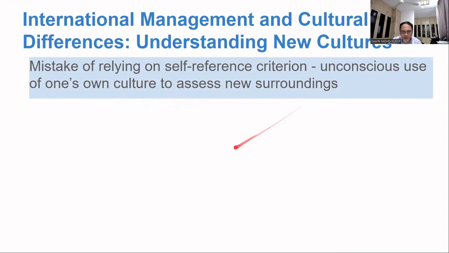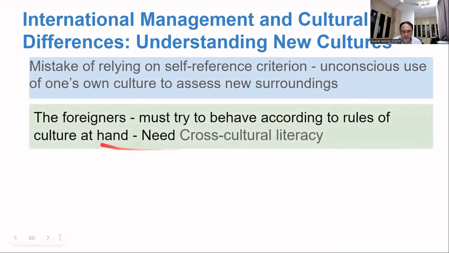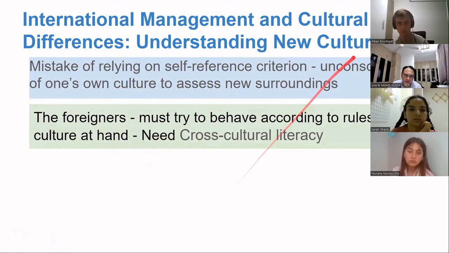So that is difficult. You are actually the foreigner. For example, if you go to Japan, you are the foreigner, not the local. So we have to behave according to the rules of the culture at hand.